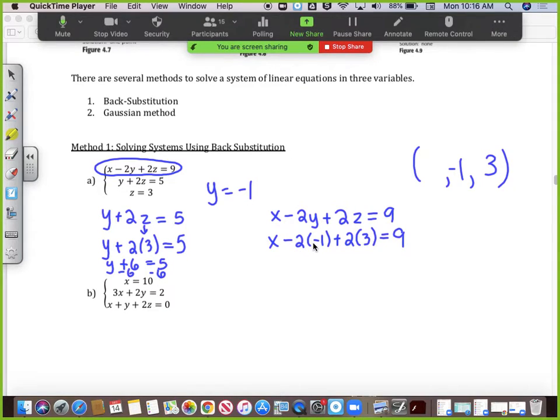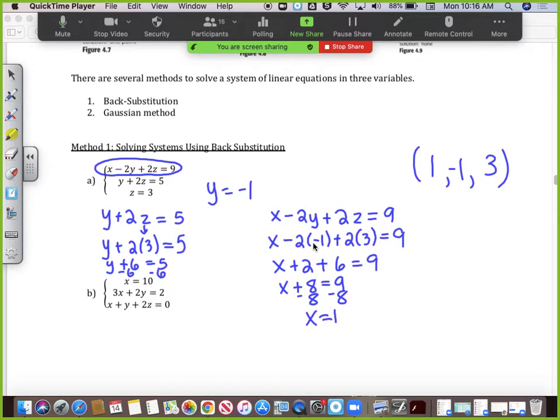Negative 2 times negative 1 is going to simplify to be a plus 2, so it's going to be x plus 2 plus 2 times 3 is 6 equals 9. 2 plus 6 is 8, so we have x plus 8 equals 9, subtracting 8 from both sides. We're going to get that the missing variable for x is 1. So the solution is 1, negative 1, and 3.